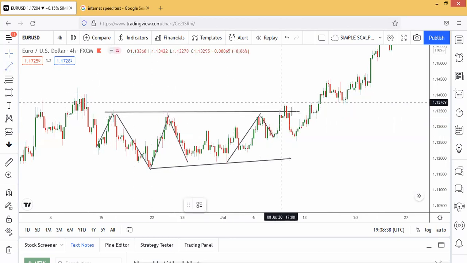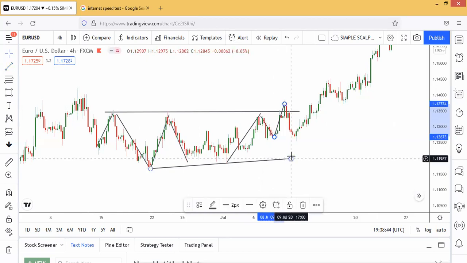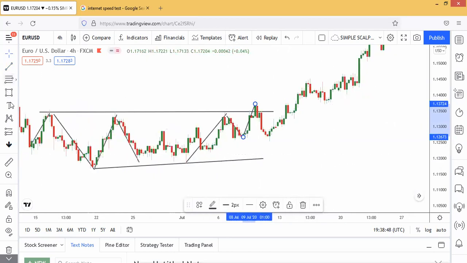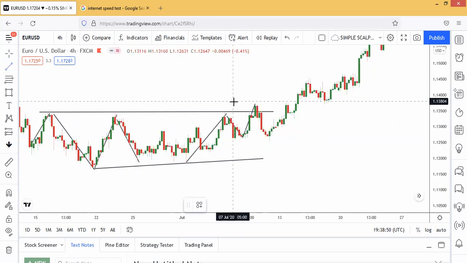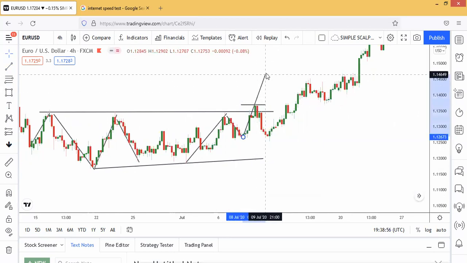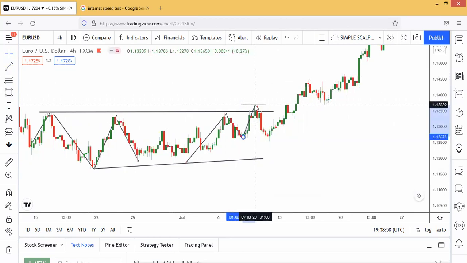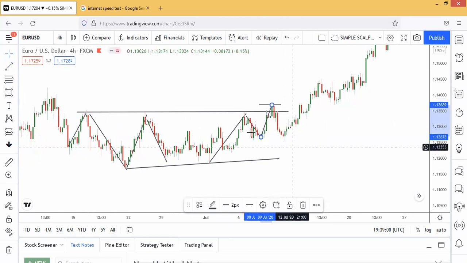Now look, you can see as an aggressive trader, price went up, broke it, and candle closed above this area. Okay, an aggressive trader would have entered right here, expecting price to keep pushing up, but right now price just pulled down.